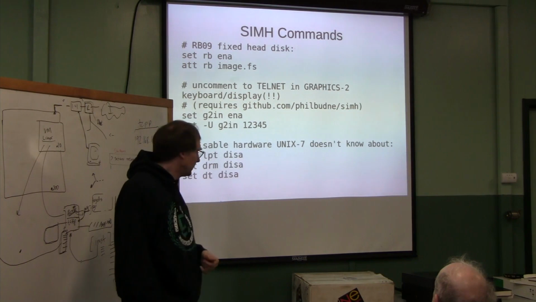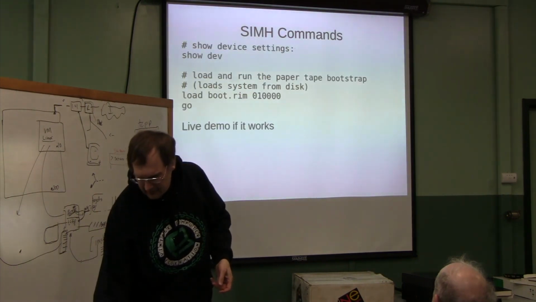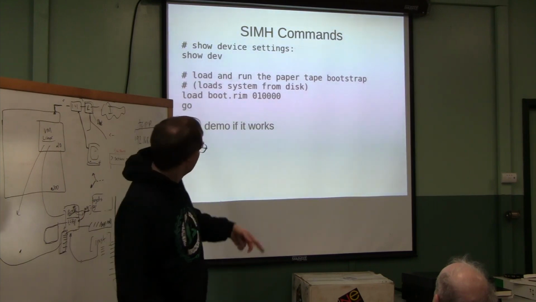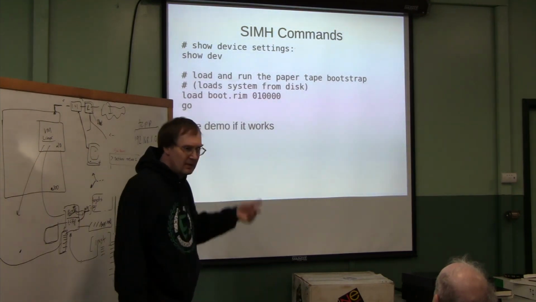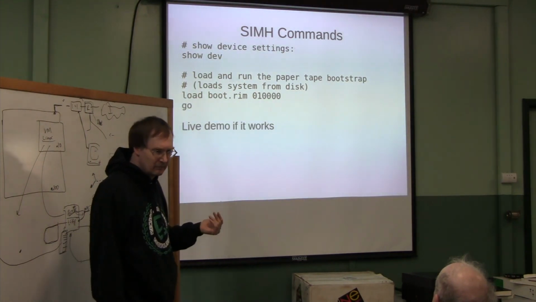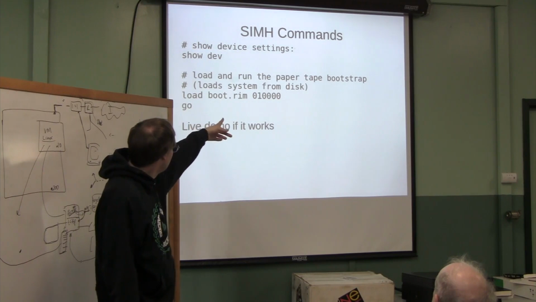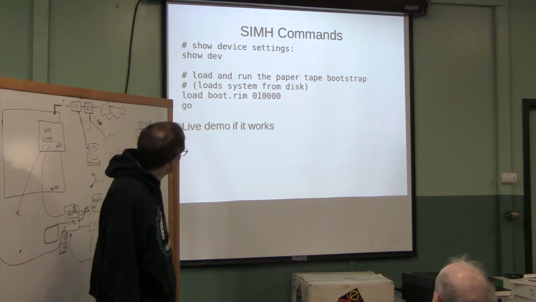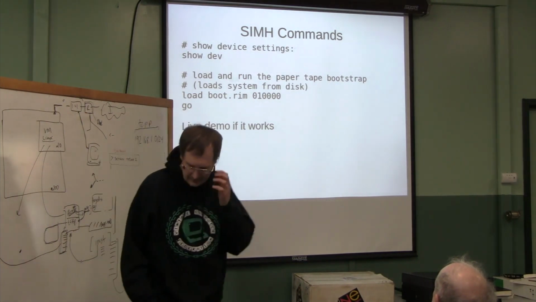And we're turning off some hardware that it doesn't know how to deal with. And we're loading boot.rim, a paper tape image in read-in mode format, at address 10,000 octal, and then we start executing.